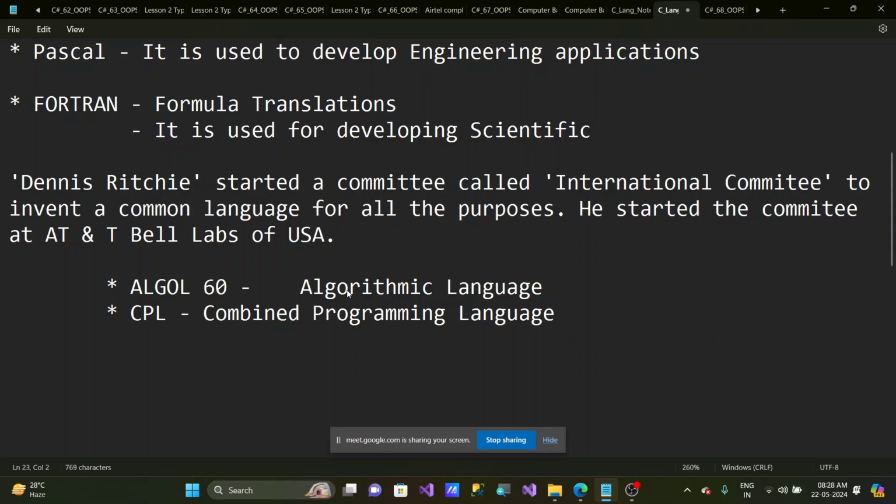If I give it to a beginner, they will definitely be confused by so many features. So what Dennis Ritchie did was pick only the good features of CPL, and he named it BCPL, which stands for Basic Combined Programming Language.